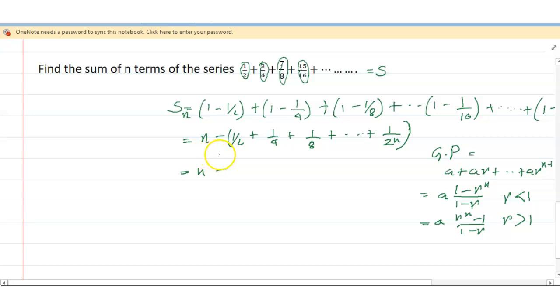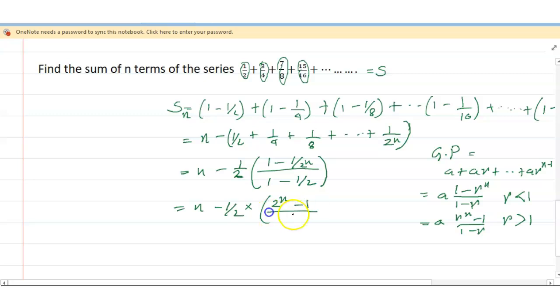So we get it this way: half into (1 minus 1 by 2 to the power n) divided by (1 minus 1 by 2), so it is half into (2 to the power n minus 1) divided by 2 to the power n, times 2.